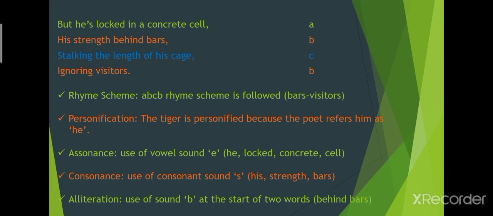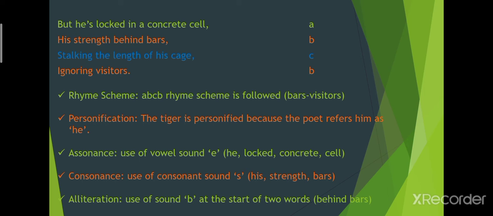And going to the next technique, consonance. Consonance is just the opposite of assonance, in simple words. Why is it? Because in assonance we spoke about vowel sounds, but when it comes to consonance, it is the repetition of the same consonant sounds.